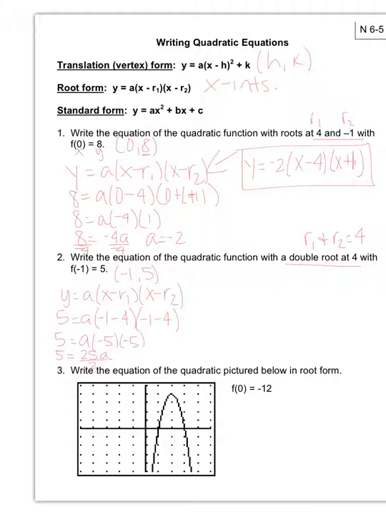So when I divide by 25, your a would equal 1/5. So that would be a fraction there. So writing your equation, y equals 1/5 times (x minus 4) times (x minus 4), or you can write it as 1/5 times (x minus 4) squared, since there's 2 of them.